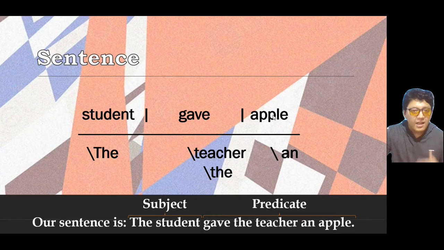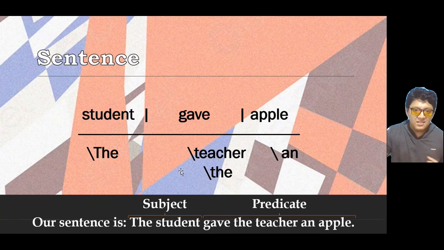And the last one we can add is the determiner, like an article. The teacher is an indirect object, student is a noun, got is a verb, and apple is another noun.